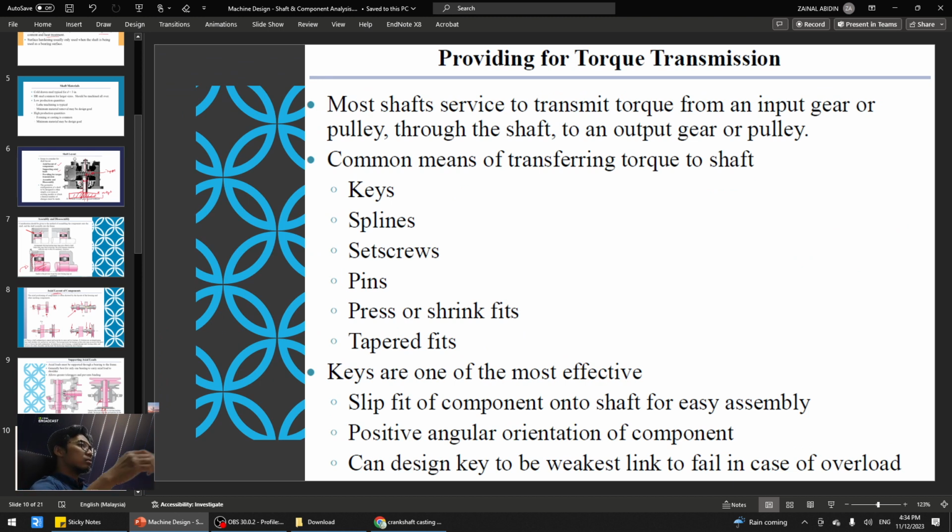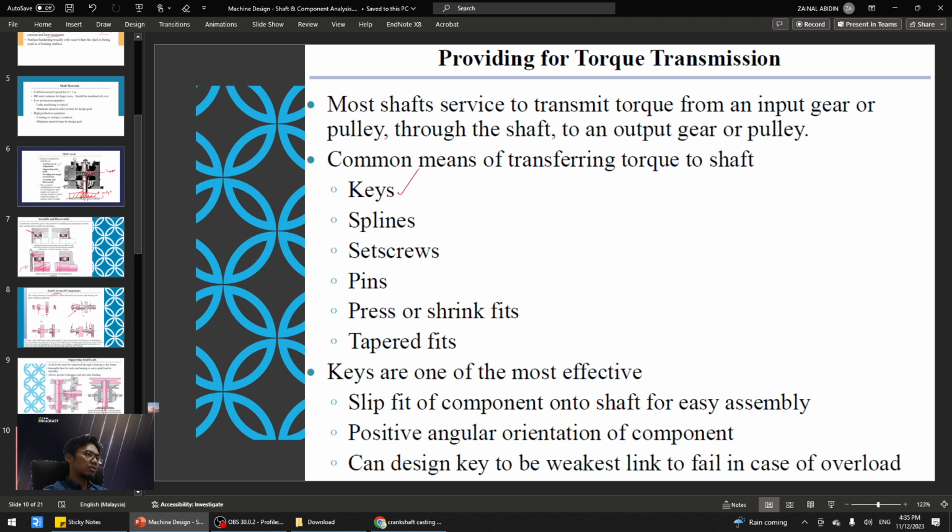And providing torque to your shaft, you must use at least 2, 4, 6 types of method to transfer the torque. The first method is keys method.